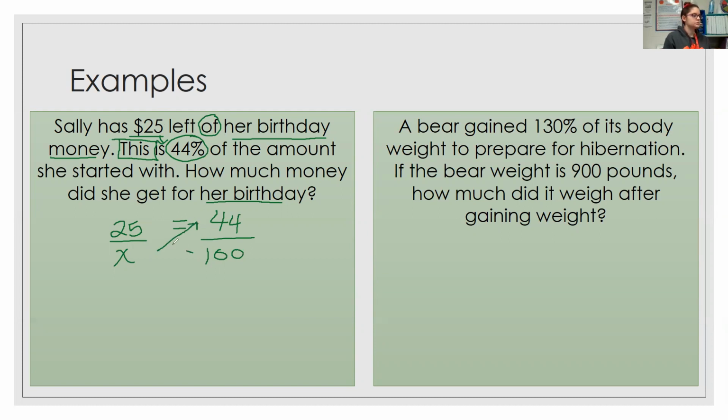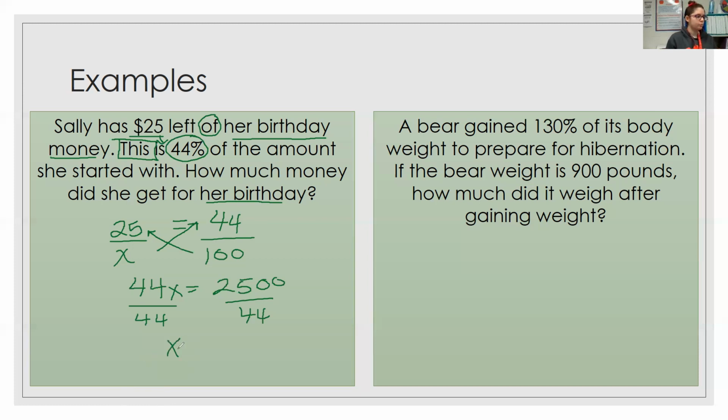We're going to cross multiply. So 44x equals 2,500. We're going to divide by 44. 2,500 divided by 44, and we get that she started with $56.818181 repeating.